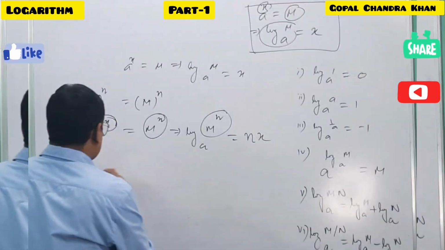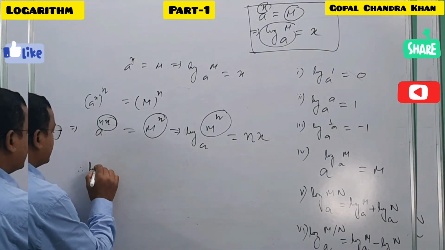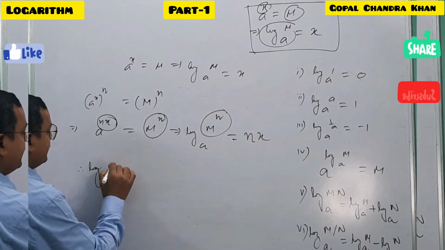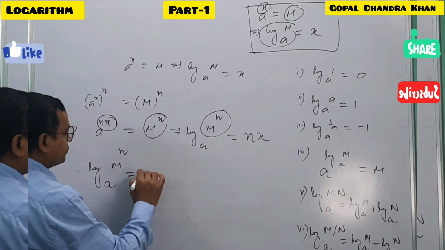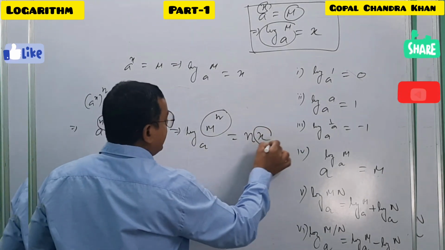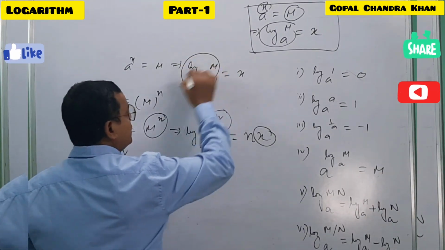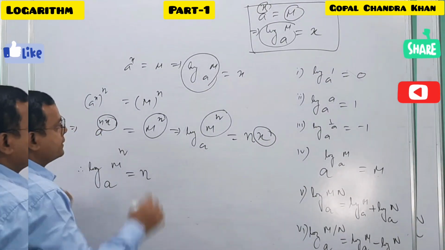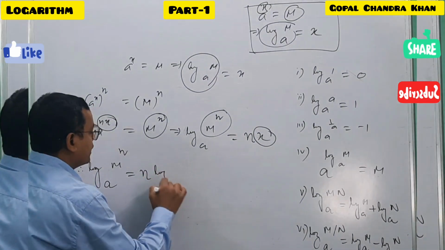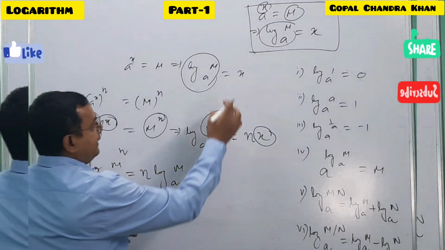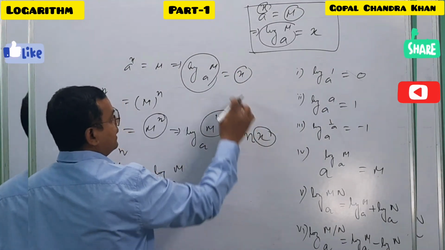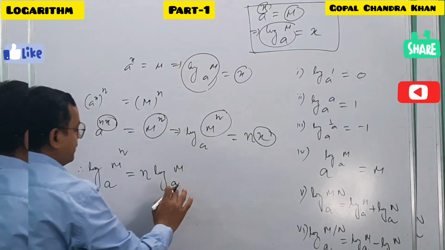Now can I write log m to the power n base a equals n into this x value? Sure. That means we are getting log m base a here, because this x and this x are the same, this value replaced here.